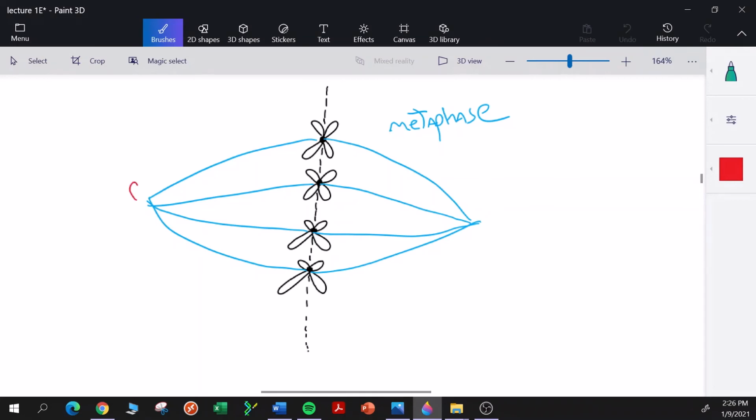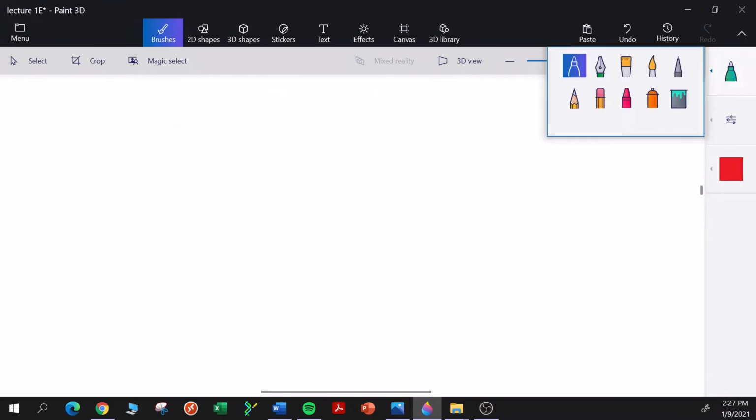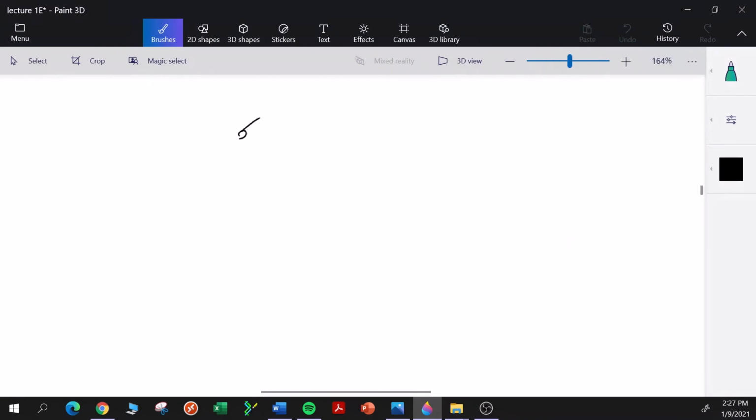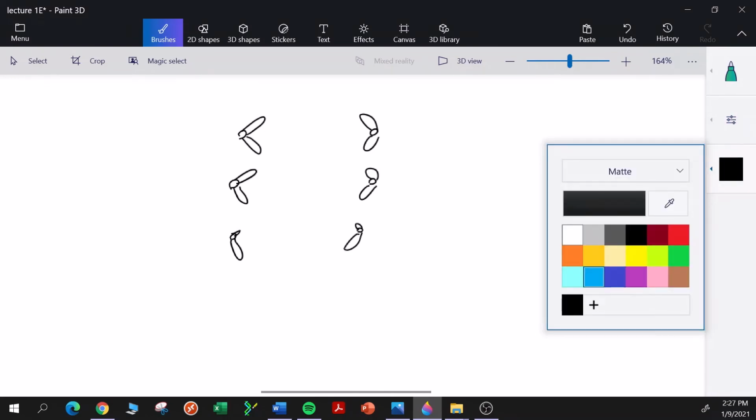So let's call this one pole. We'll call this the other pole. And so after the cohesin has been degraded at the centromere, microtubules contract, and the sisters are pulled towards opposite poles. So I can diagram that like this. And microtubules.